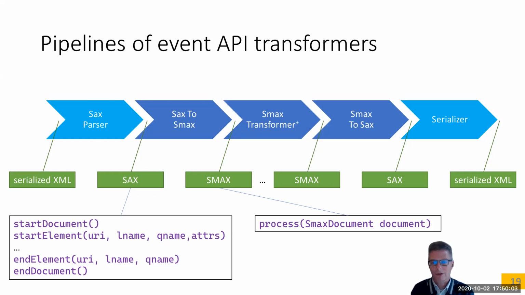As you can see, these are just method calls in the SAX API, which are then processed by the SAX to SMAX adapter, which takes SAX events and produces SMAX events. Now there's for each document just one SMAX event, which is process. And it takes one whole SMAX document, and the SMAX document has a separate part for the markup tree and for the text content of the XML document.